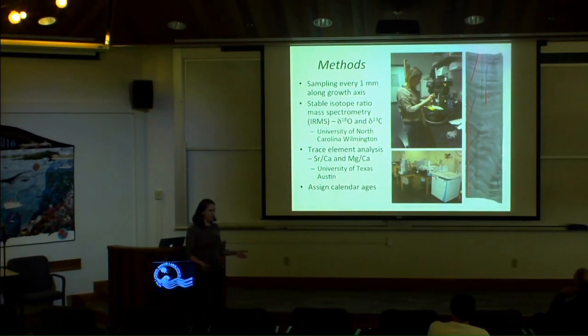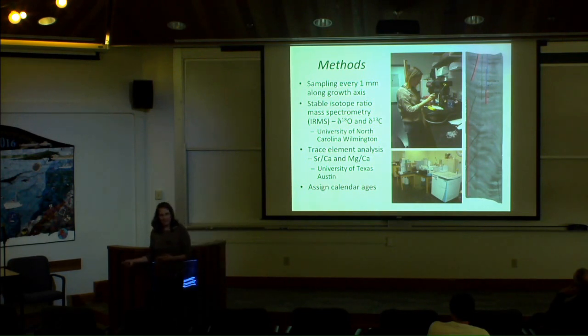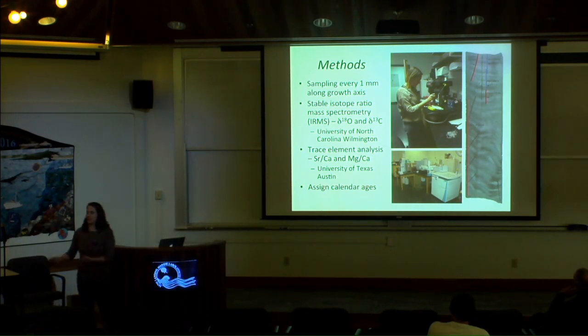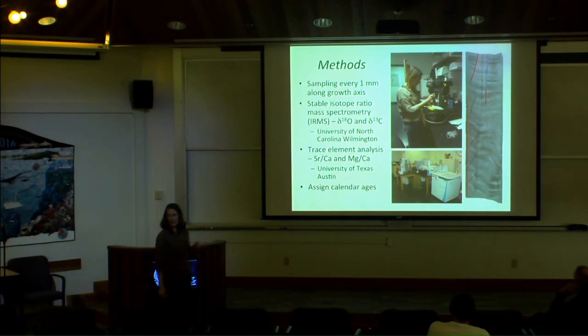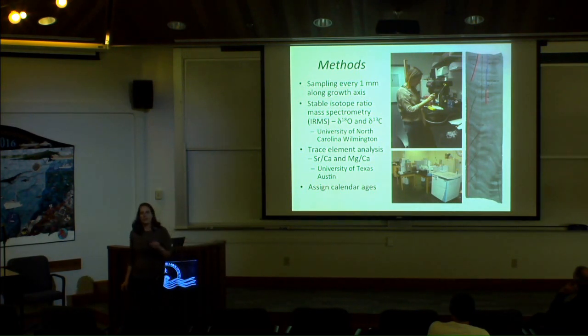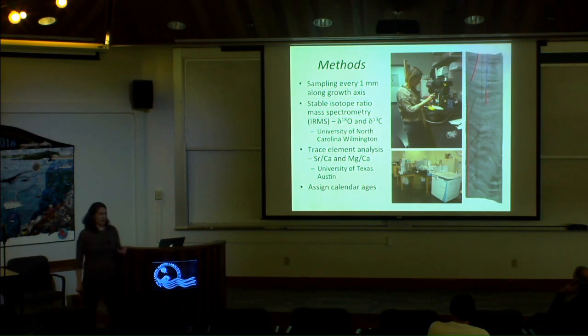You go from 18 degrees to 30 degrees C seasonal variation in the Gulf of Mexico. Out here, it's about a 2 degree C seasonal fluctuation. So you really don't see the nice annual bands, which makes it difficult to assign calendar ages to these. But we did our best.